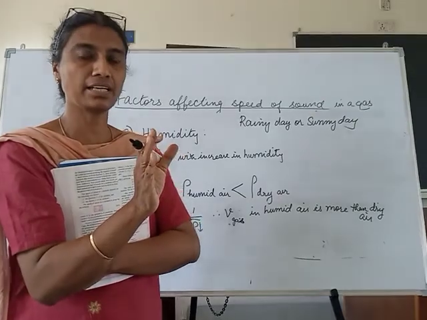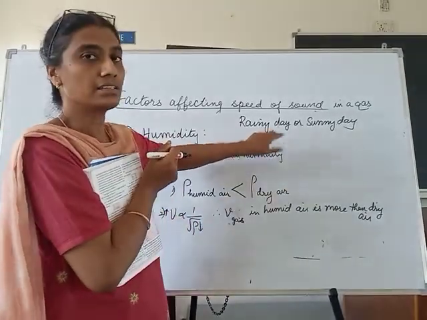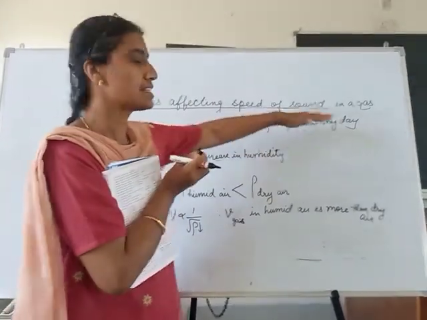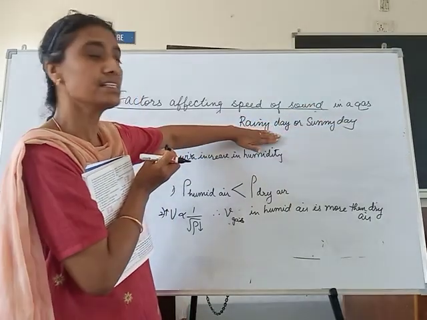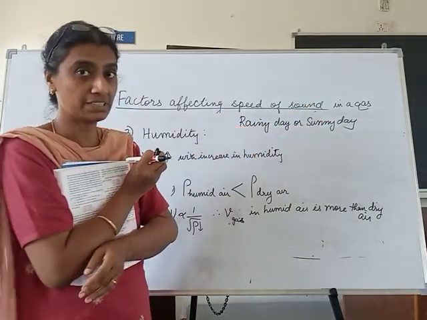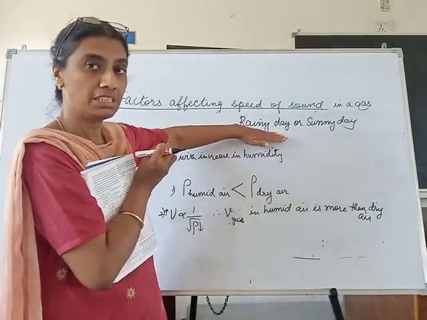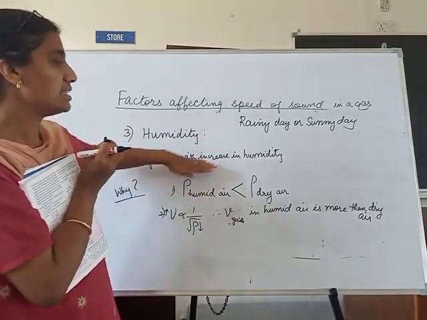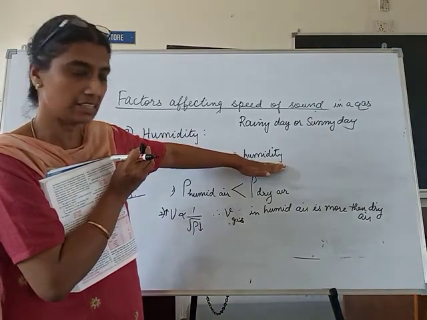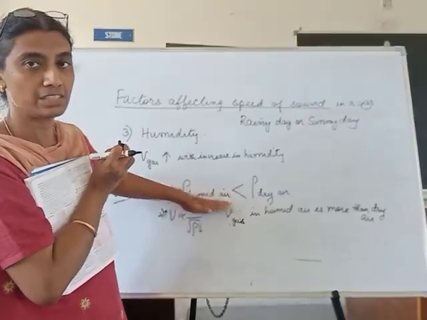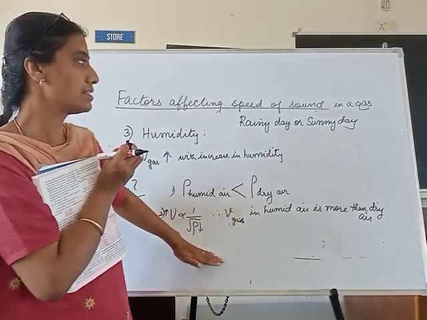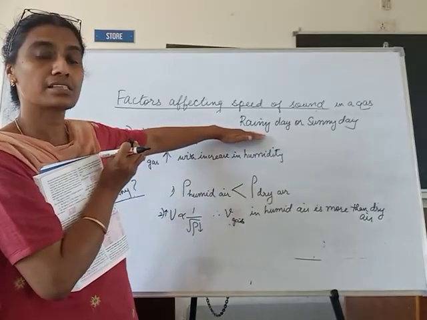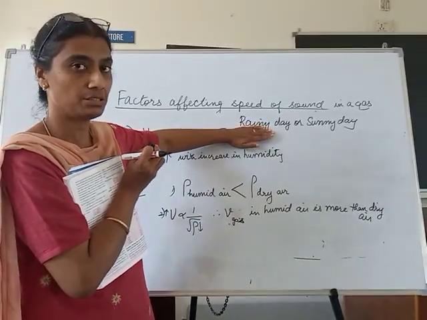Temperature is also there, but the major thing that differentiates a rainy day and sunny day is that a rainy day is going to have a lot of humidity. On a rainy day, humidity is going to be more, and we know that as humidity increases, speed of sound also increases, and the explanation will go like this. Is it clear, children? Rainy day or sunny day, if they ask you to compare, do it based on humidity.